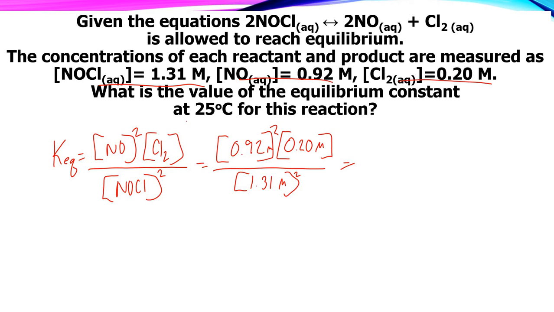We're going to be using them, so grab what you need. This squared times 0.2, so 0.92 squared times 0.2, give me the answer, divide by, and then put parentheses. I would do parentheses around the bottom here: parentheses 1.31 squared. What do we get?